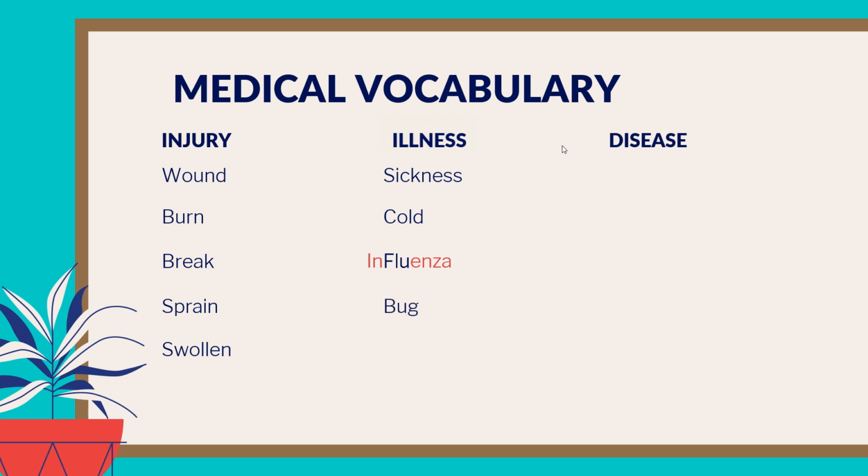We often hear about a bug. Now, when we talk about a bug, we are talking usually about a virus. So we say there's a bug going around. During certain times of the year, you'll get on the bus and somebody on the bus is sick or somebody coughed and then grabbed onto the handle.